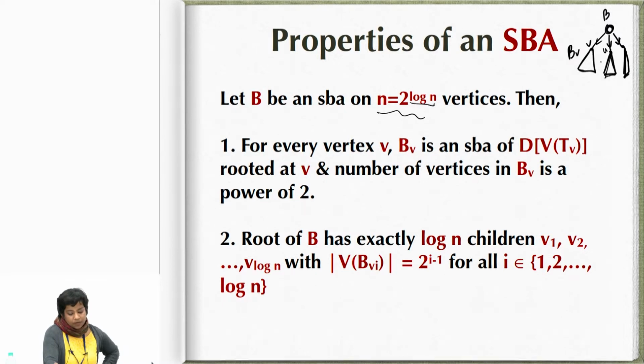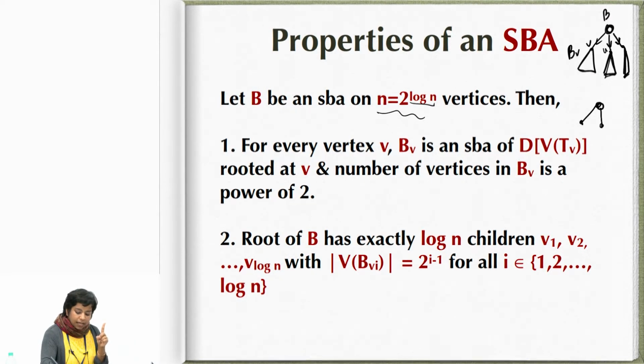You can label the vertices from V1 to V log n. The sizes of the subtrees rooted at those children increase by a factor of 2. So one child will have no subtree, that's the only vertex. This is the one-vertex subtree.